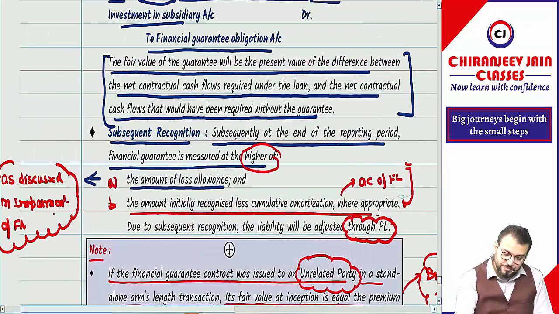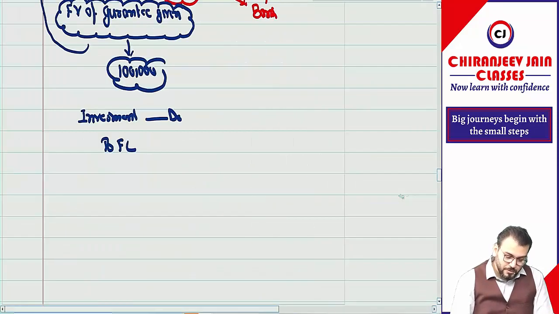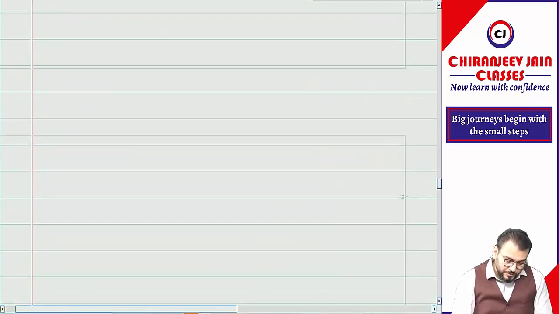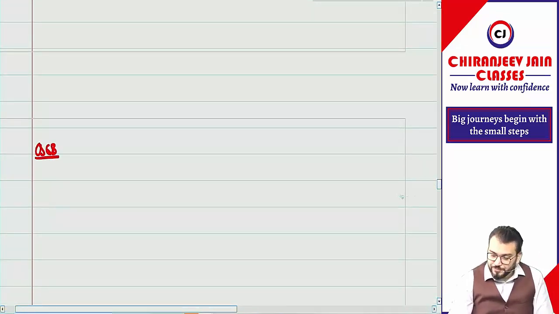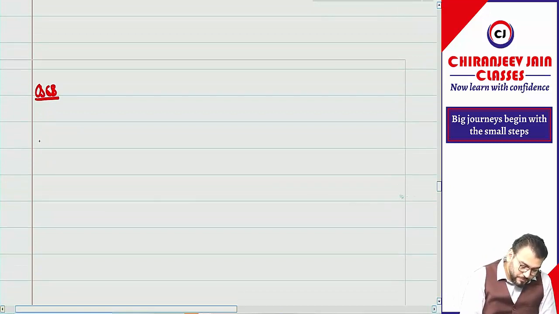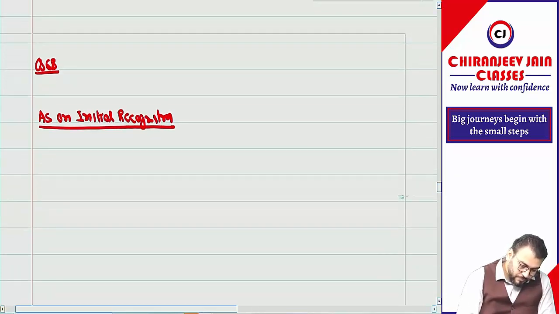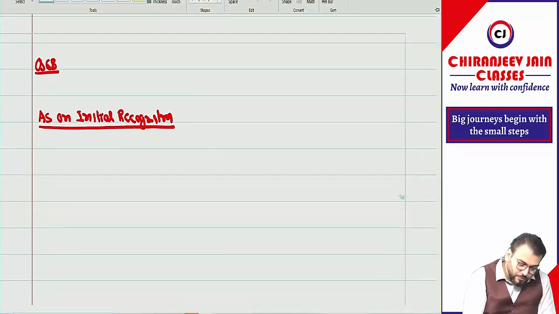Can we do this? So we are doing question number 68. Write down. As on initial recognition, that is, what is the date? 1/4.